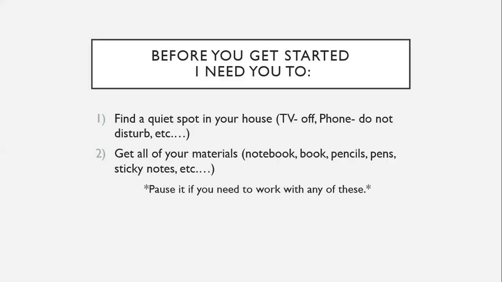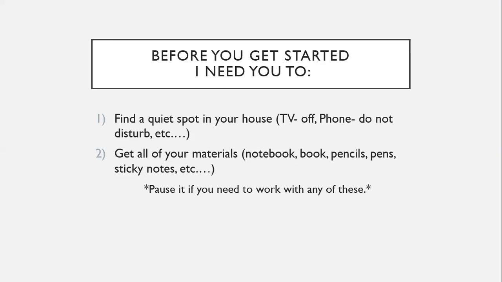Before you get started, I need you to do something for me, okay? Number one, find a quiet spot in your house. This means your TV is off, your phone is on do not disturb, or you could give it to your parents. And if you are working on your phone, then that means TV is off, radio is off, and we are finding a spot where you can focus on what you are listening to and on your work.